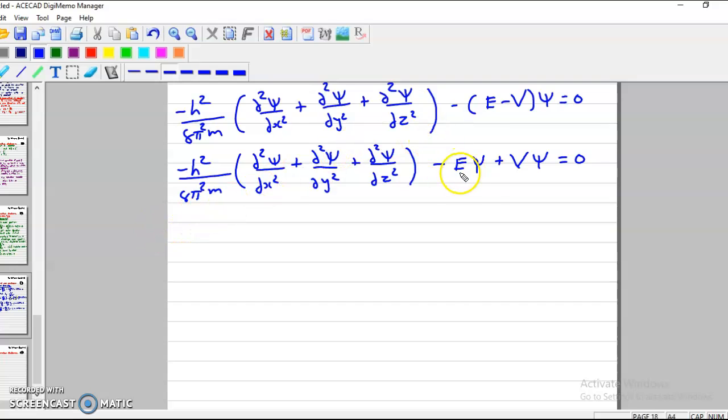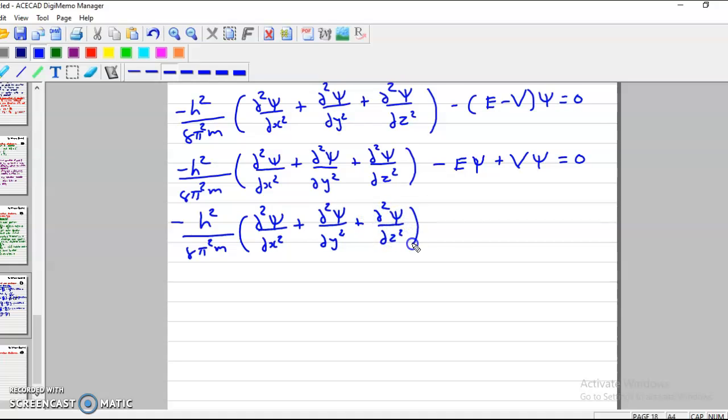So we change the side of E psi, we will take on the right hand side. So minus h square upon 8 pi square m (del square psi upon del x square plus del square psi upon del y square plus del square psi upon del z square) plus V into psi is equal to E psi. Okay.